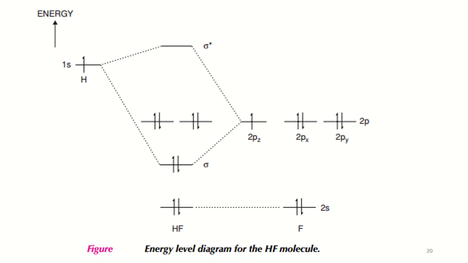The 2s electrons on fluorine do not take any effective part in molecular orbital formation, since they are rather tightly held to the F nucleus and hence remain in an individual atomic orbital of the same energy in the molecular orbital diagram, as shown in this figure. These may therefore be regarded as occupying a non-bonding orbital.